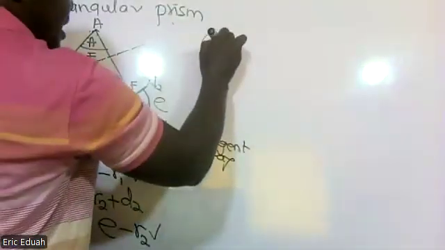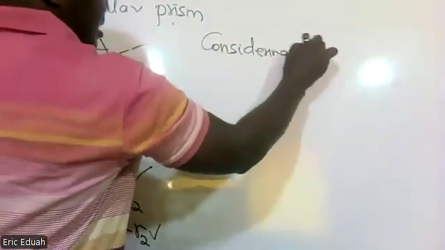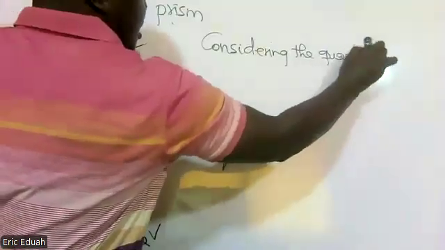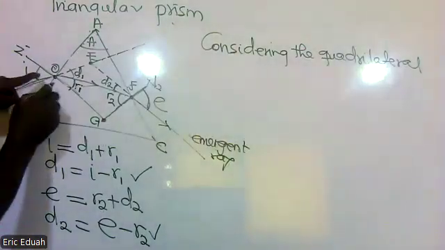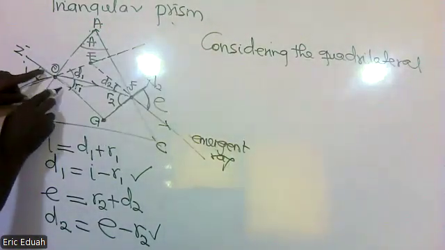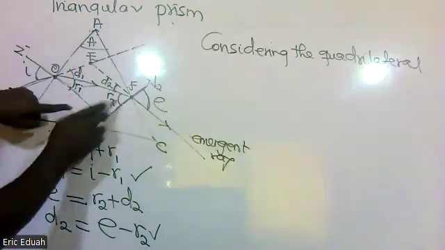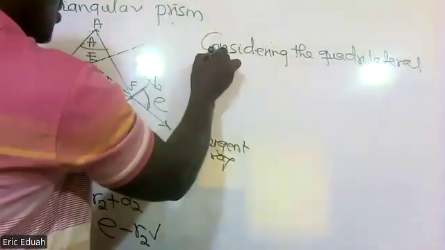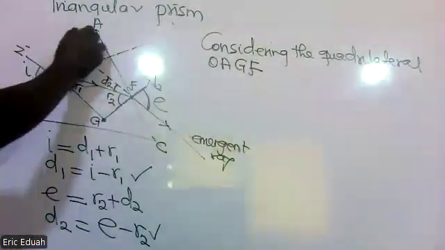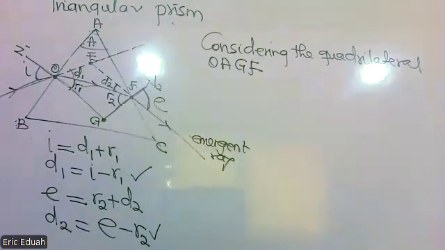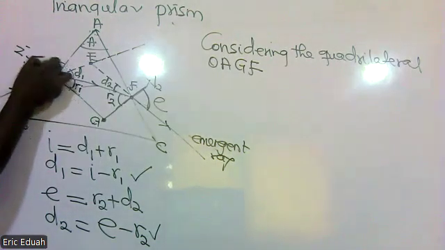So when considering the quadrilateral OAJF, you see, once this is the normal, this angle is equal to 90.